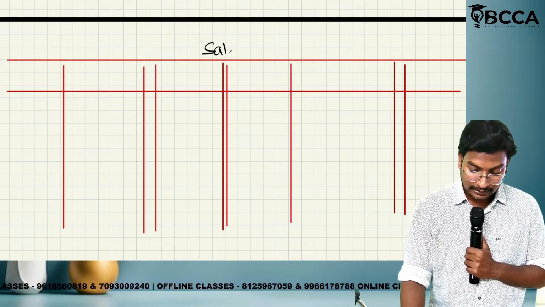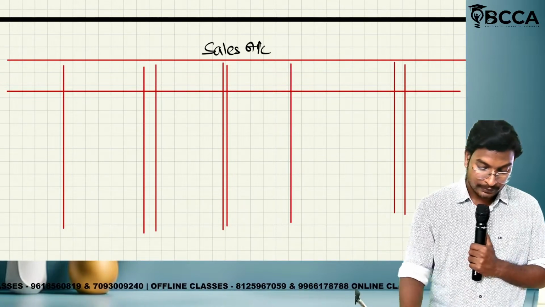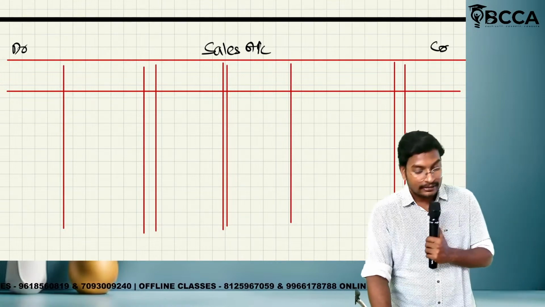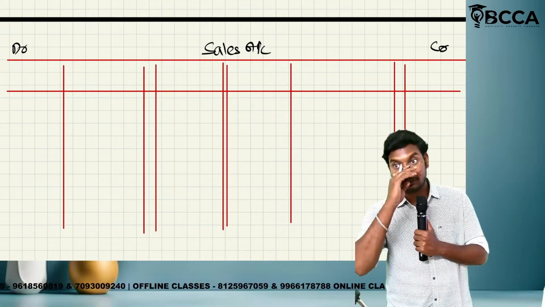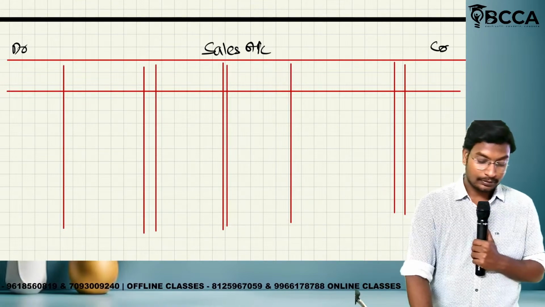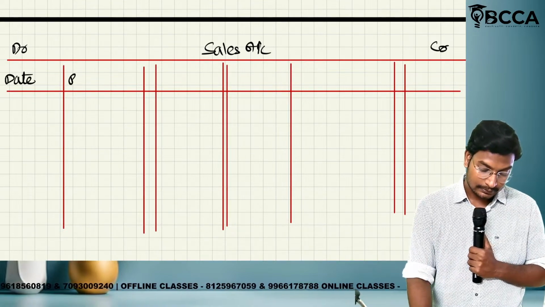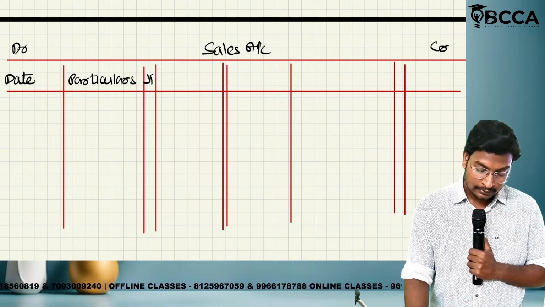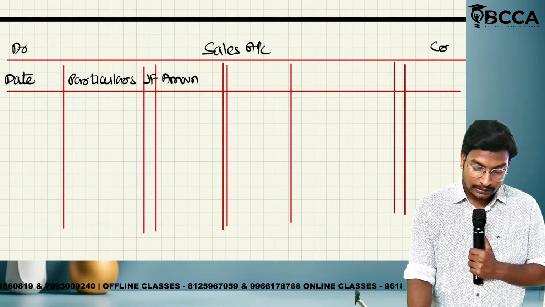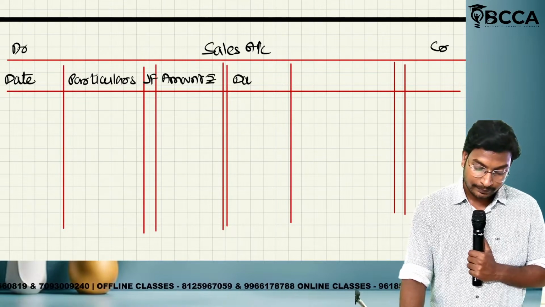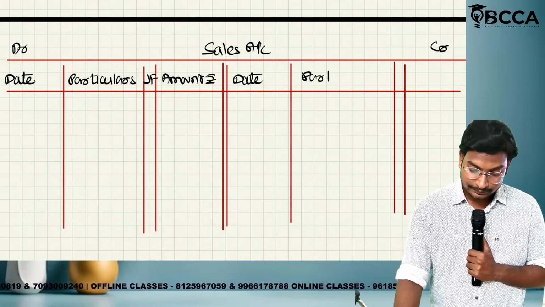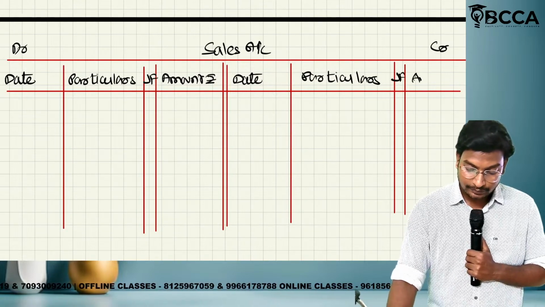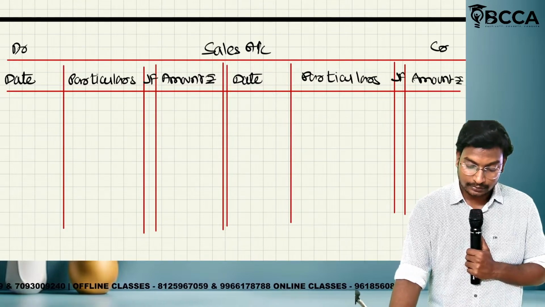Sales account. So left hand side is called the debit record, right hand side is called the credit record. This left hand side and right hand side is from your point of view. Okay, na? So date, particulars, JF, amount rupees.